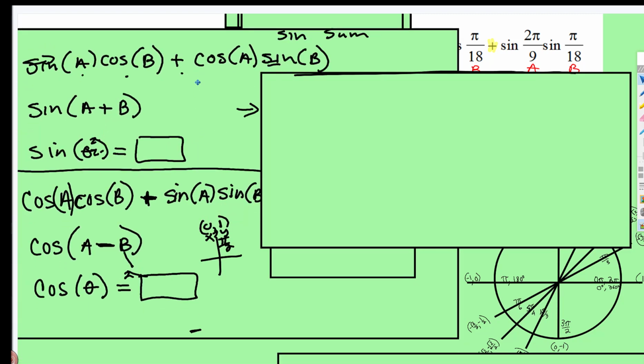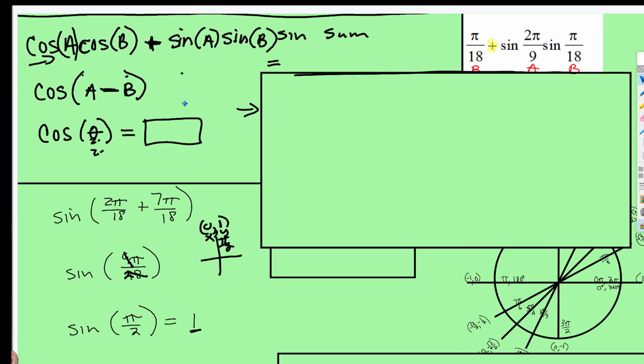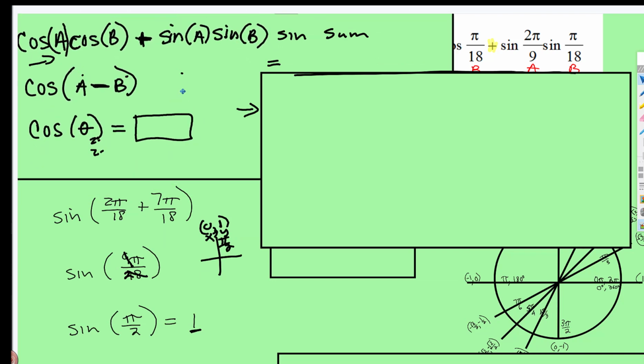So now we have cosine of 2 pi ninths times cosine of pi 18ths plus sine 2 pi ninths sine pi 18ths. So cosine times cosine plus sine times sine. You've got your A's and B's, and now we're going to work all of that in reverse.